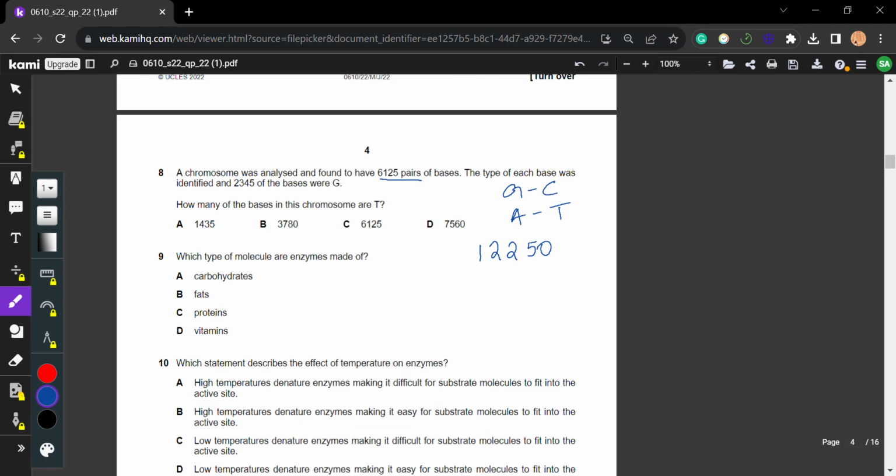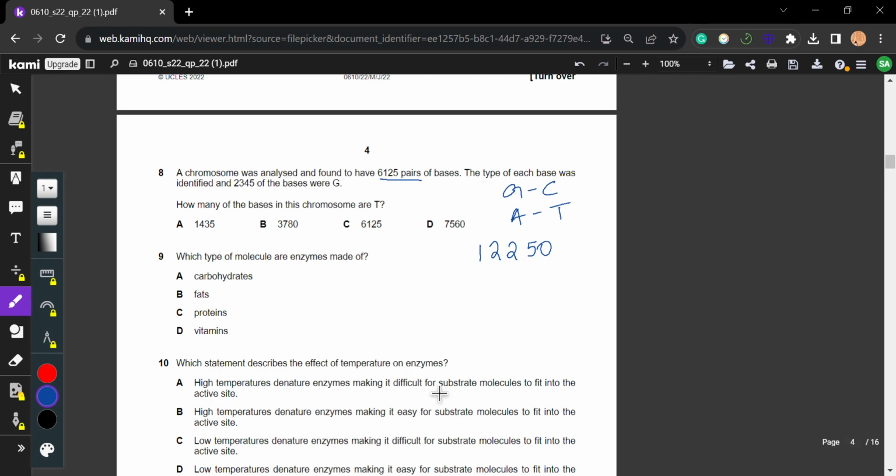Now if 2,345 of these were G, we need to subtract 2,345 from that. And if there are 2,345 G, there has to be 2,345 C as well. So we'll subtract 2,345 again. And that gives us 7,560.